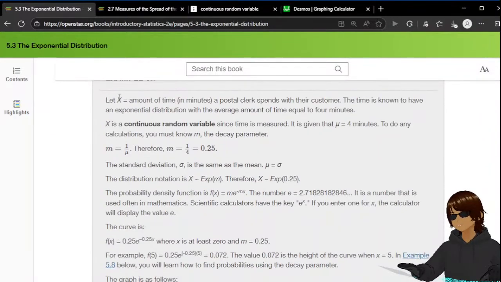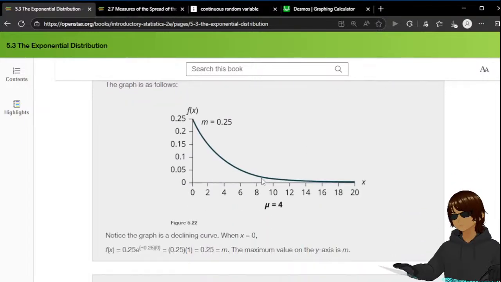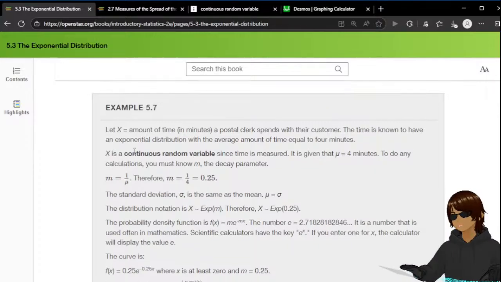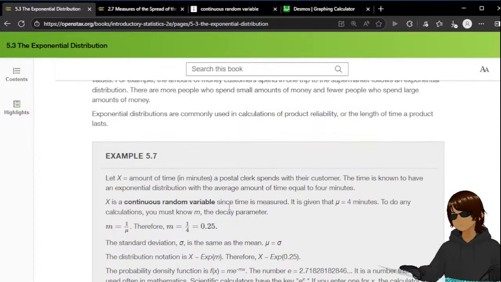Okay, so let X be the amount of time a postal clerk spends with a customer. Time is known to have an exponential distribution with an average amount of time equal to 4 minutes. X is a continuous random variable as time is measured. It is given that mu is equal to 4 minutes.